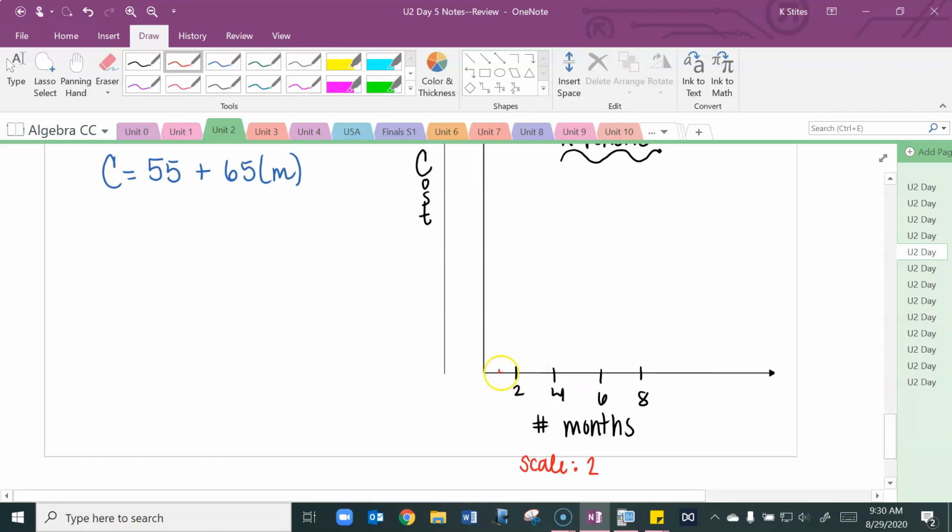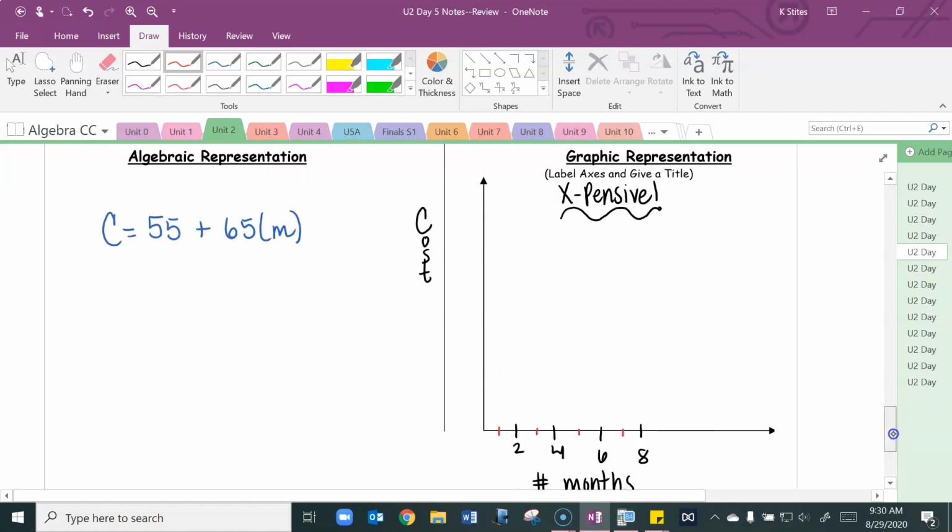However, if I go ahead and I add in these guys, my scale has now changed. Just by putting in that extra tick mark, I am now jumping by 1's. 1, 2, 3, 4, 5, 6, 7, 8. All right, so be careful that you are consistent.